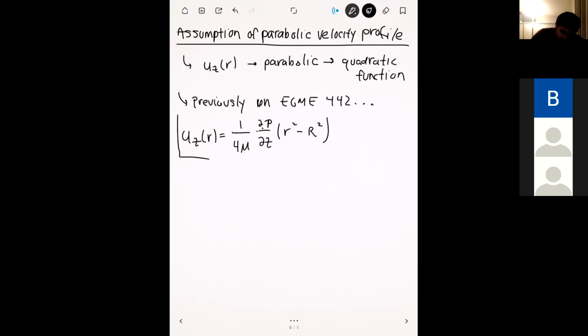This was the parabolic result that we got from basically just solving the steady Navier-Stokes equations.